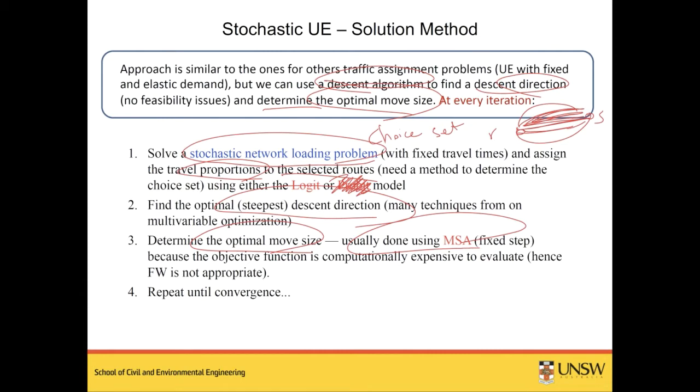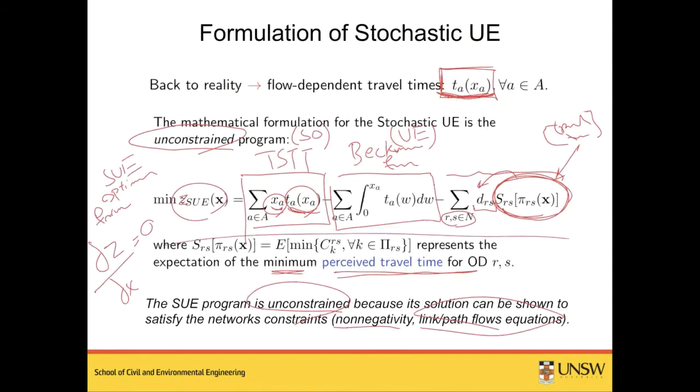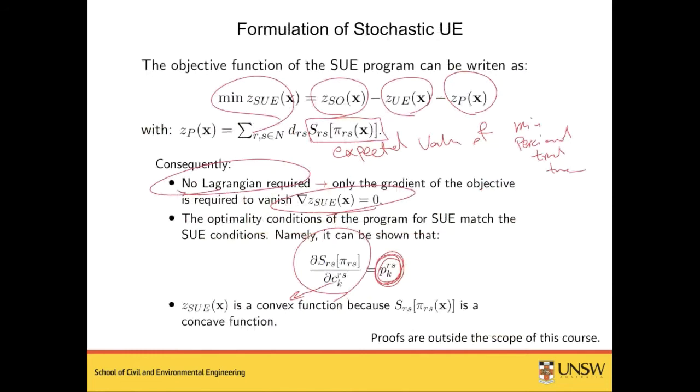Frank-Wolfe is not appropriate here because the objective function that we deal with is just too complex for the Frank-Wolfe algorithm. Remember, in the Frank-Wolfe algorithm, if you want to calculate that lambda value, we have to take the derivative of this at every iteration with respect to link volumes, etc. And this is just too complicated for Frank-Wolfe.